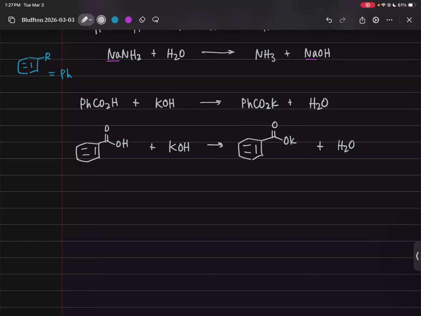For example, potassium hydroxide, KOH, that's an ionic compound. You remember at the beginning of Gen Chem where they would give you a molecular formula and you had to tell whether it's an ionic or a covalent molecular compound.